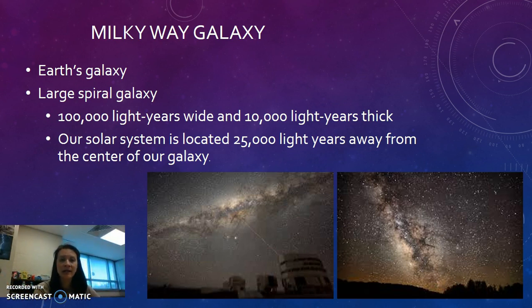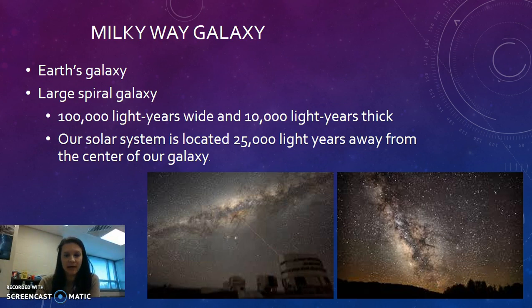Ours is 100,000 light years wide, and the disk is 10,000 light years thick. Our sun is located about 25,000 light years away from the center of the galaxy. If you look at the arm shape right here, our solar system is kind of on the forearm of the band going around the spiral galaxy.